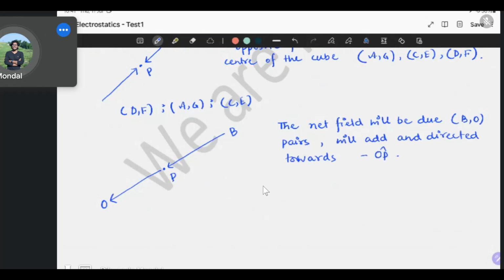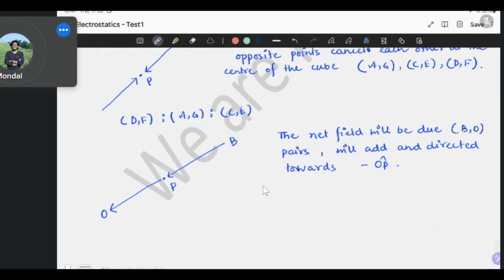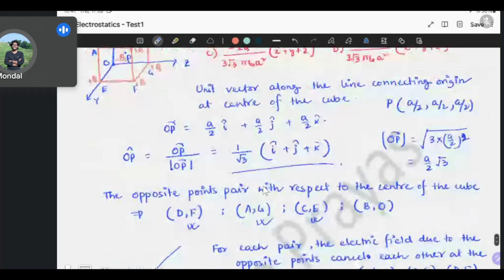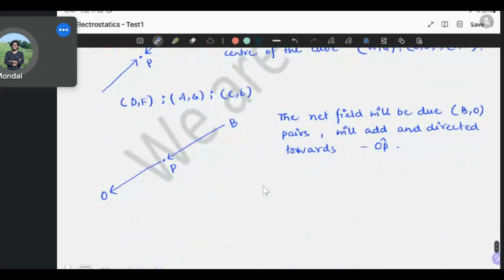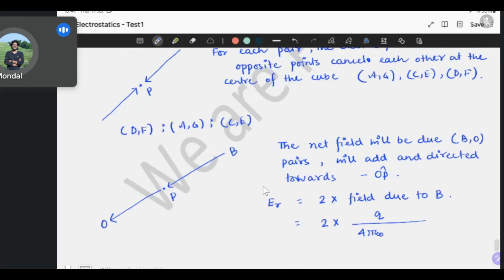So let's first calculate the magnitude. The net electric field will be 2 times the field due to one charge, because they will add. So 2 times Q divided by 4 pi epsilon naught. What will be the distance?